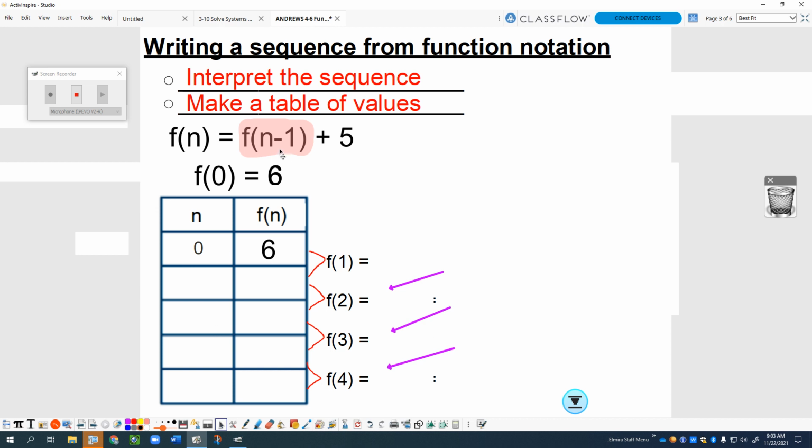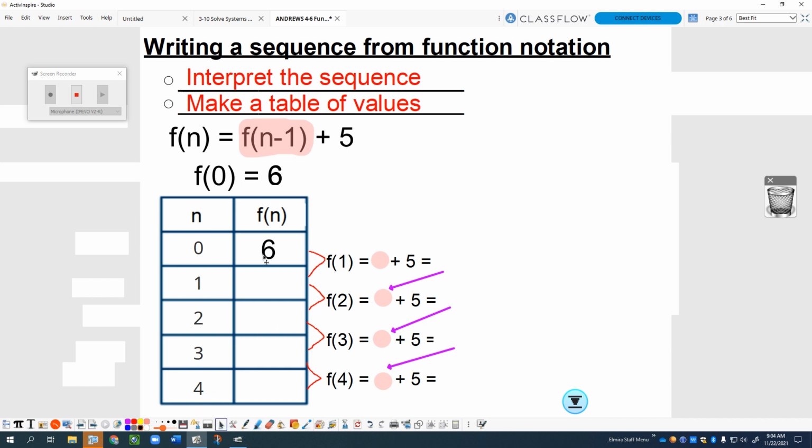Okay? Now, I'm going to take and find my next group of terms by taking the pink part out, and putting just plus fives. Just plus fives. Okay, and in this space, I'm replacing all of this notation with the previous term.